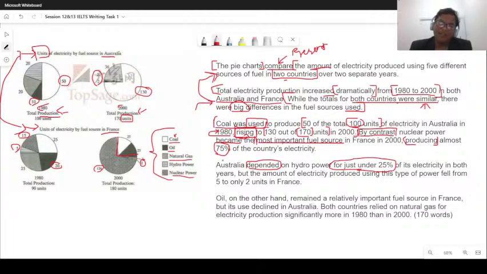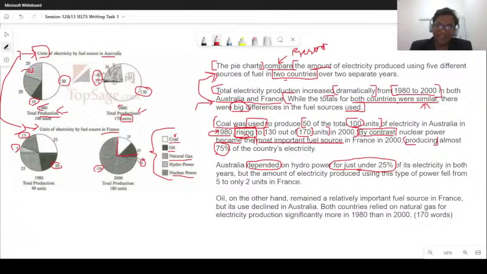But in the fourth paragraph here, Australia depended on hydropower for just under 25%. So let's take a look at Australia, right? And let's take a look at hydropower, which is the strip, and it's this one for both here.